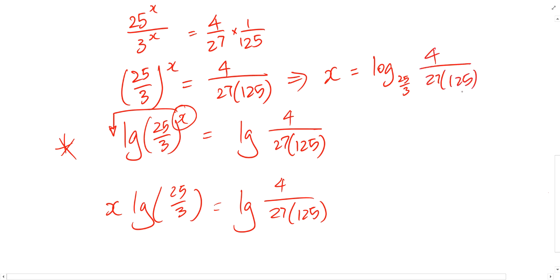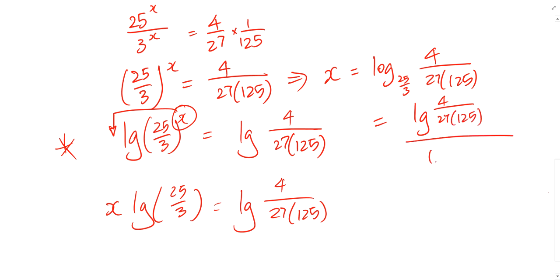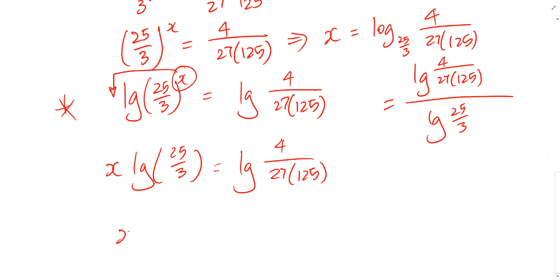Then how to evaluate? Then you change base. So you get log of 4 over 27 times 125 divided by log of 25 over 3. Right? Can be done. But let's see what happens if I continue with this. Log of 4 over 27 times 125 divided by log of 25 over 3. Aren't they the same?